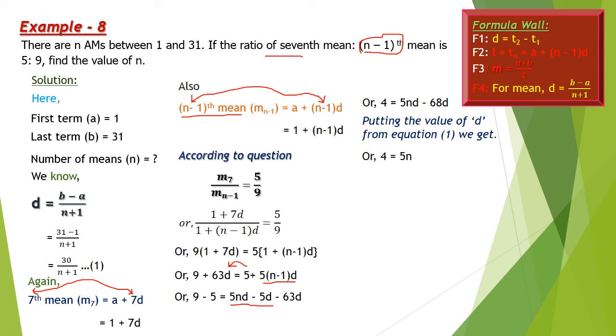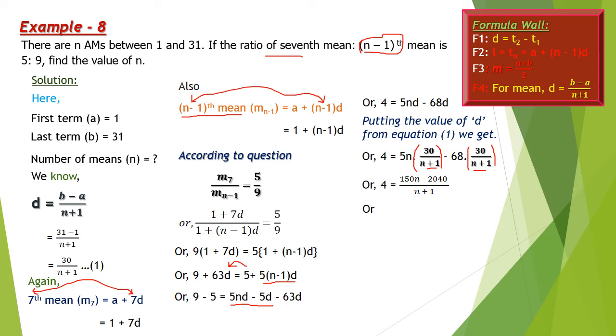Now putting the value of d, 5n times 30 upon n plus 1, minus 68 times d. Now these are the replacements for d. As our denominator is the same, n plus 1, while taking LCM you can see 5 into 30, that is 150n, and minus 68 into 30, that is 2040.